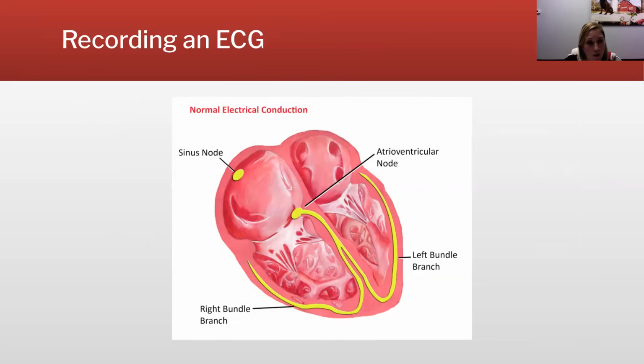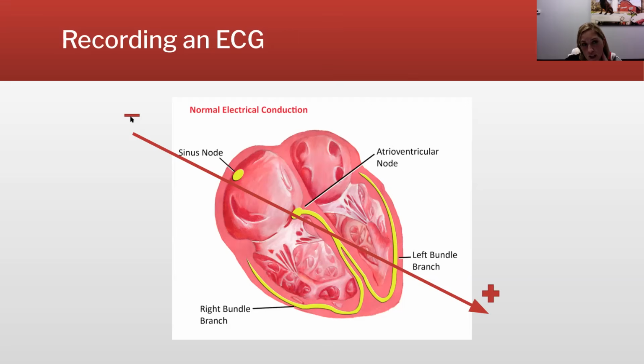Again, your normal electrical activity for your heart goes from the sinus node down through your ventricles. Normally the mass of the electrical activity is going down towards your left ventricle, because your left ventricle makes up the major mass of your heart. If you're looking at lead 2, that goes from down this angle.